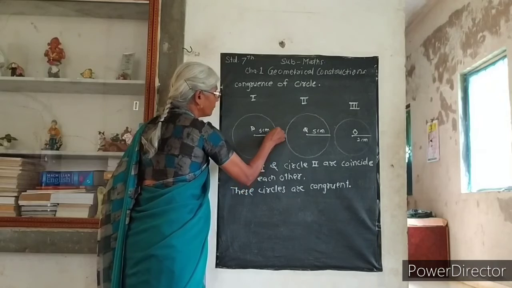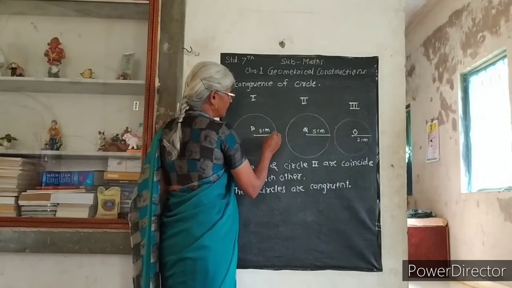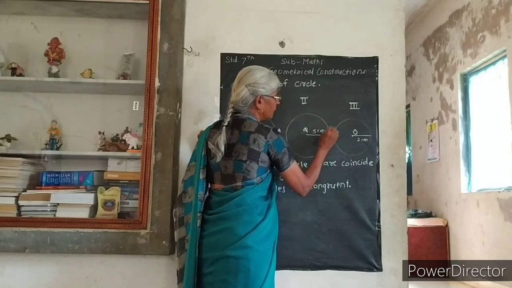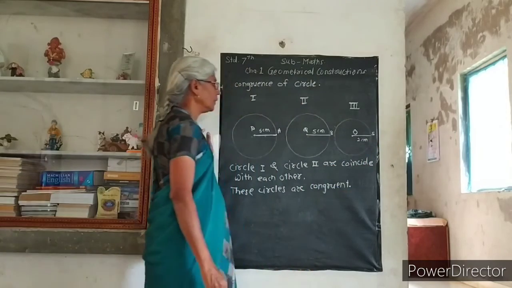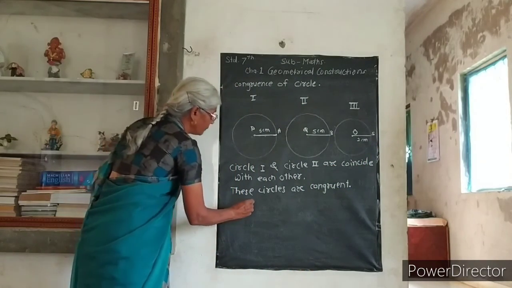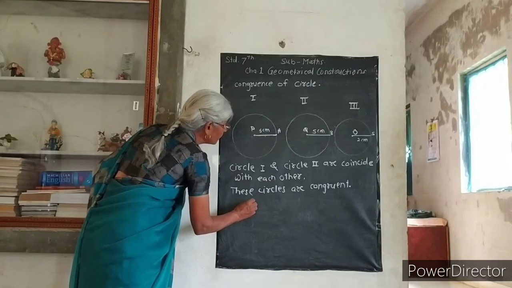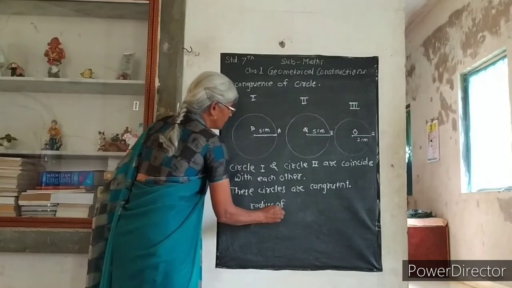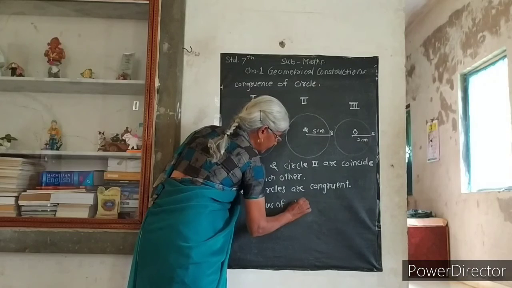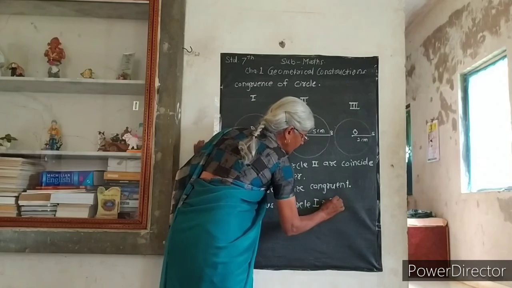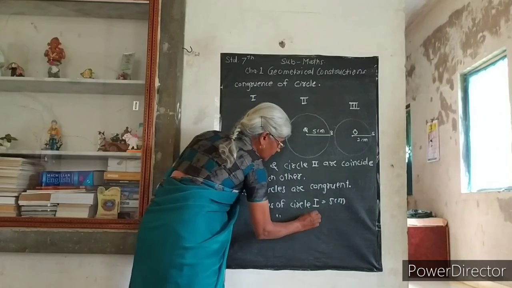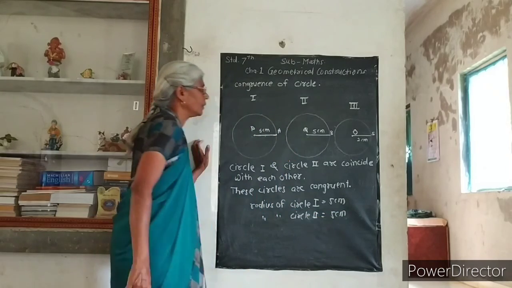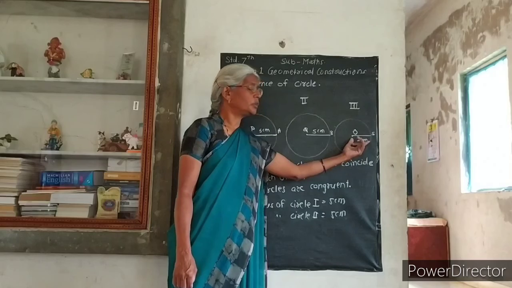If the radii of the circles with centers P, Q and O are PA, QB and OS, then the radius of the first circle is 5 centimeters, the radius of the second is 5 centimeters, and the radius of the third circle is 2 centimeters.